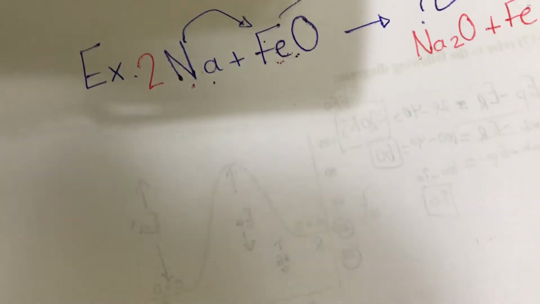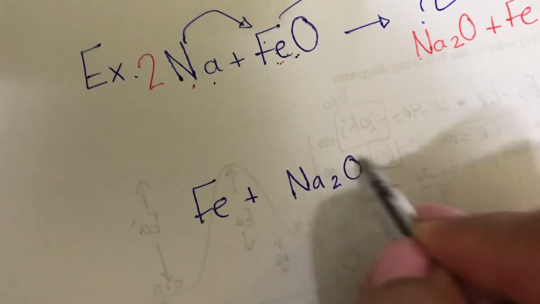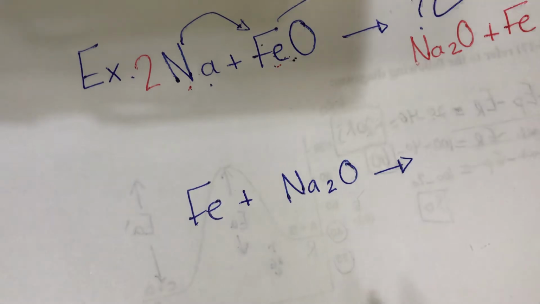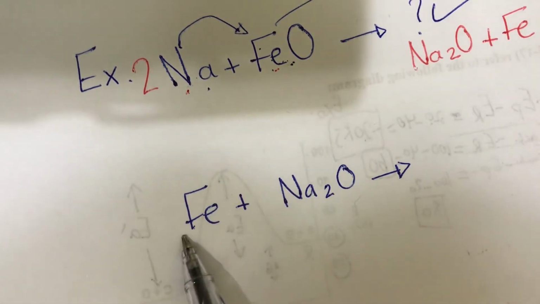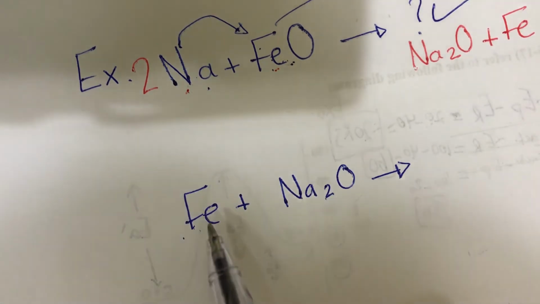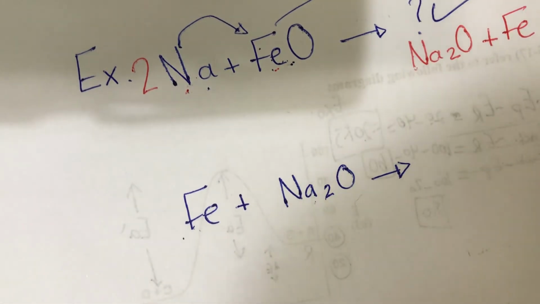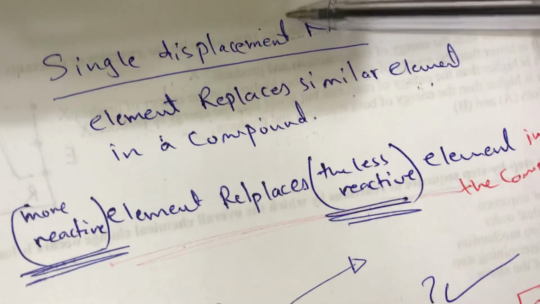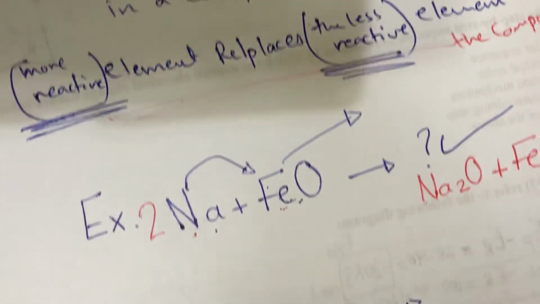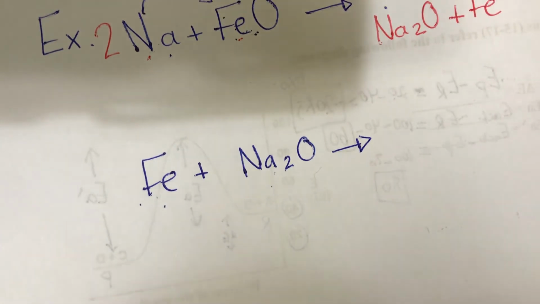So for example, iron plus sodium oxide, it's a single displacement reaction, element plus compound, and here iron is a metal and sodium is a metal. So an element replaces a similar element, but does this reaction occur or not? Single displacement reaction depends on the reactivity. Is iron more reactive than sodium?